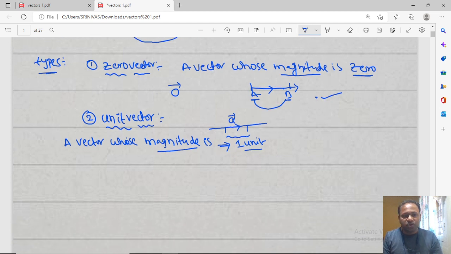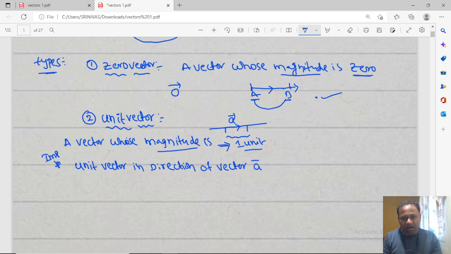The unit vector in the direction of a given vector is the most important condition. The unit vector in the direction of vector a bar is given by a cap equals a bar by mod a bar. Based on this condition, we will do so many problems.